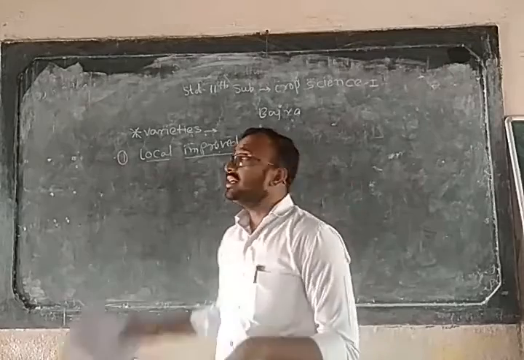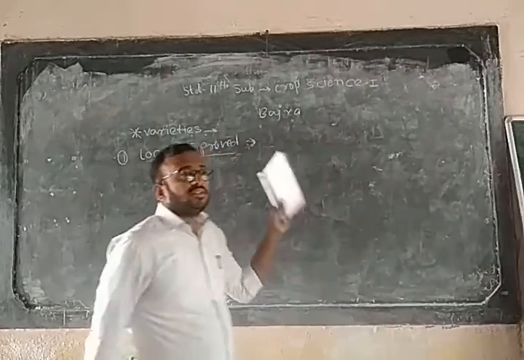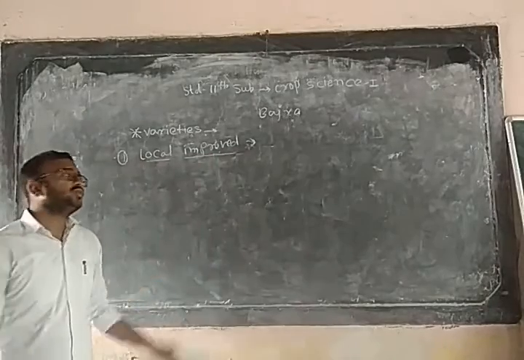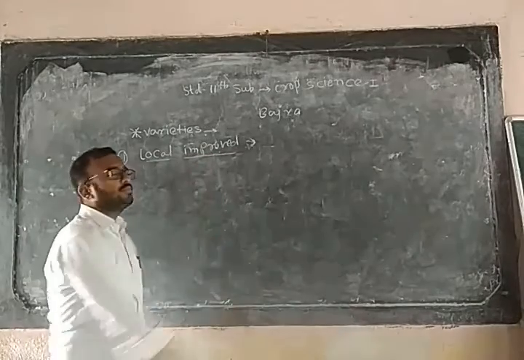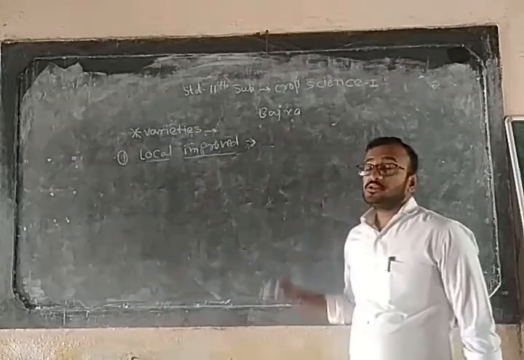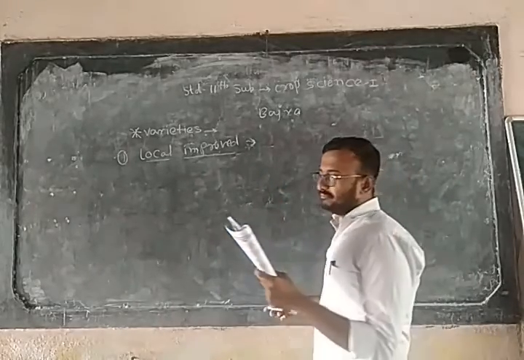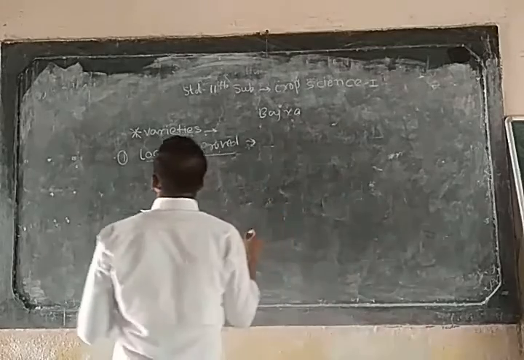It has no special process for sowing purposes, so it is called a local variety. Improved means the best of the local species, that is called a local improved variety. Okay, so which are the local improved varieties?